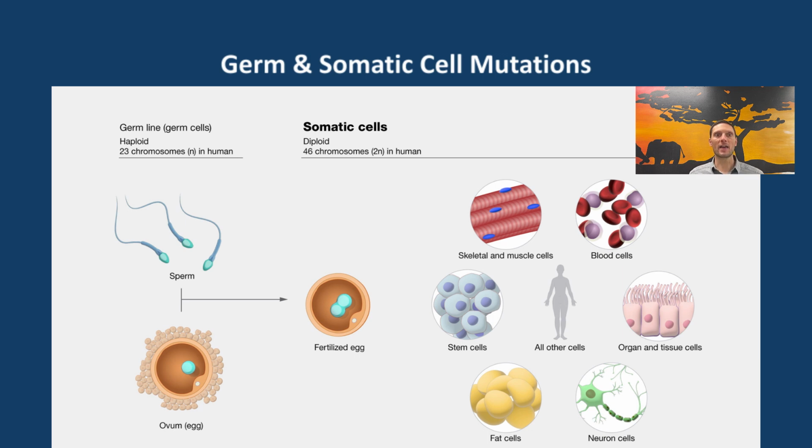The opposite of that are the germ cells or the sex cells, and these are cells that give rise to the gametes, sperm and egg, and they are passed from parent to offspring. So mutations that take place in these cells can have impacts on not only the future generations, but potentially multiple generations down the road. The new allele from that mutation can be inherited, whether it's positive or negative.